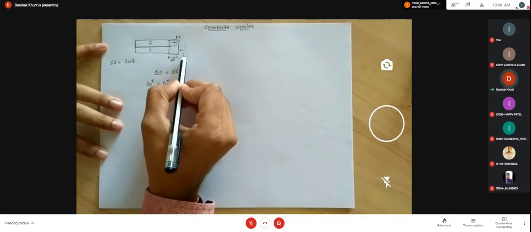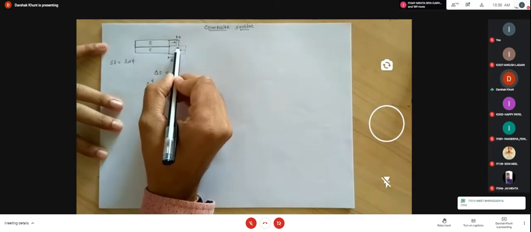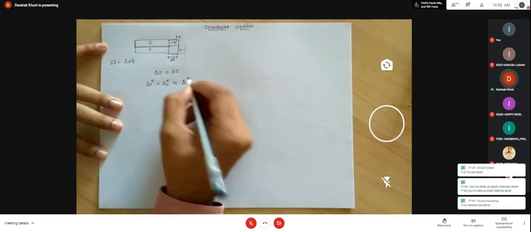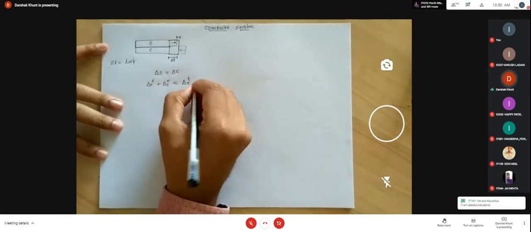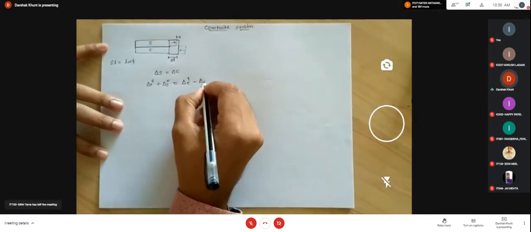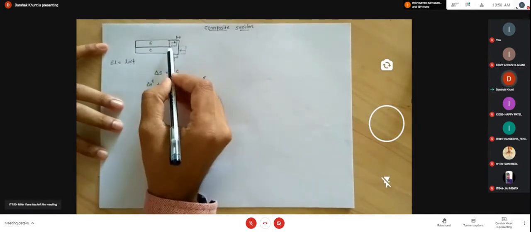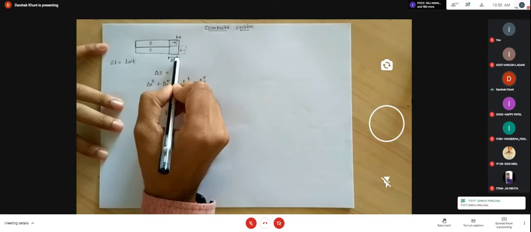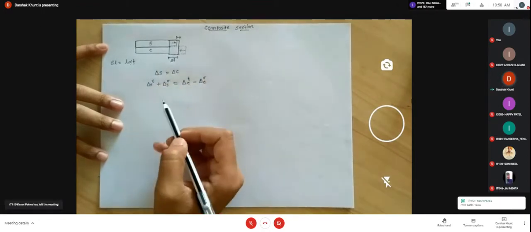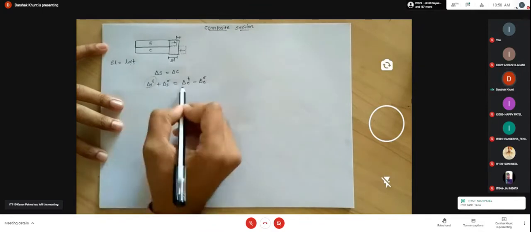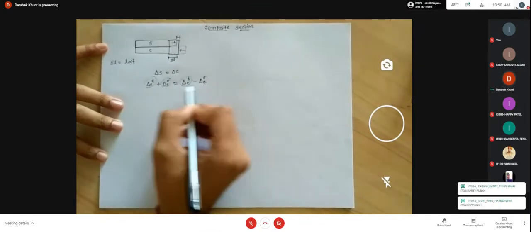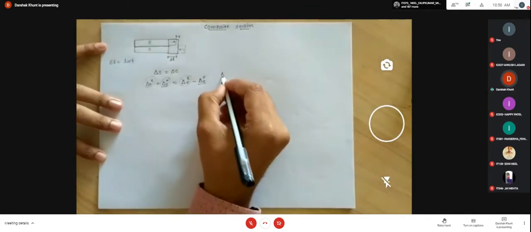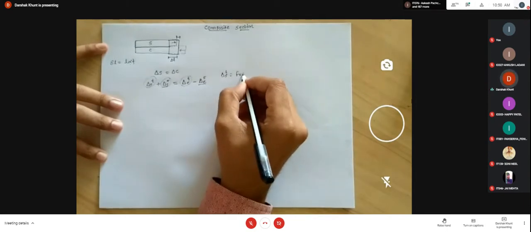The expansion of the copper section due to temperature is this, minus the contraction of the copper section due to the composite effect, means due to the other element which pulls, and it keeps the same deformation under the change of temperature. This is the effect of temperature in both elements, and this is the effect due to the composite section.